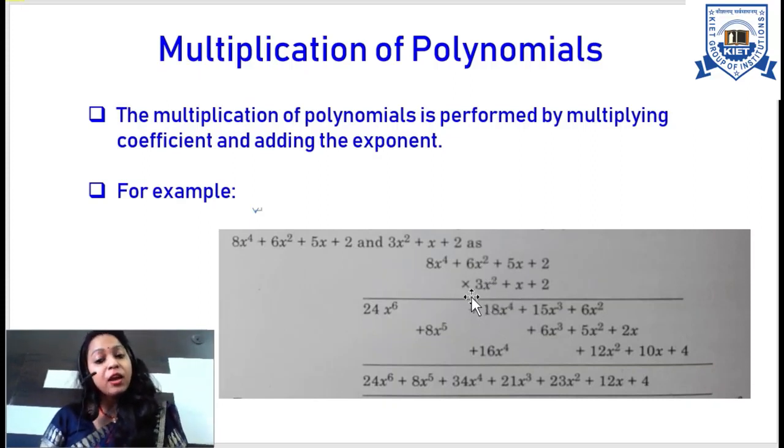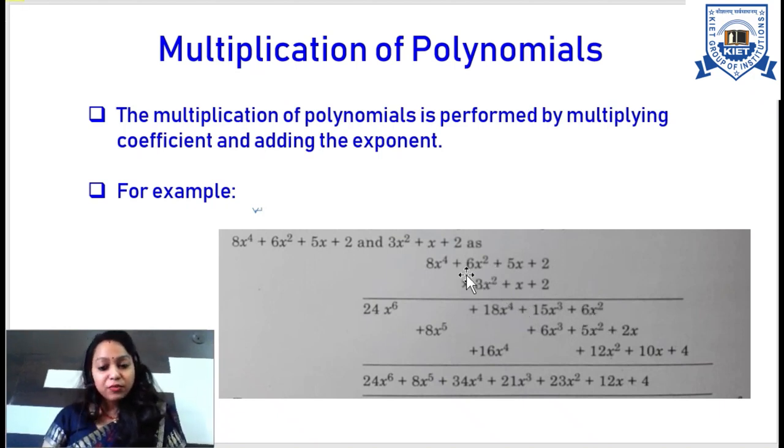Then again we multiply the coefficient value 3 into 5, 15, and add the exponent value, x cube. Then again 3 into 2, 6, and we add the exponent value, 2x power 0. So 0 plus 2, it's 6x squared.